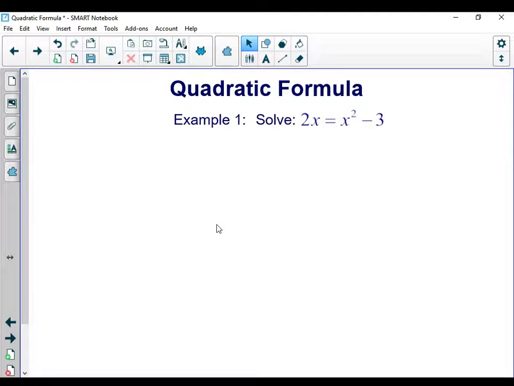Okay, let's start off with this problem. The first thing you have to check for is that it's set equal to 0. In this particular case, it is not set equal to 0, so we're going to move that 2x over.